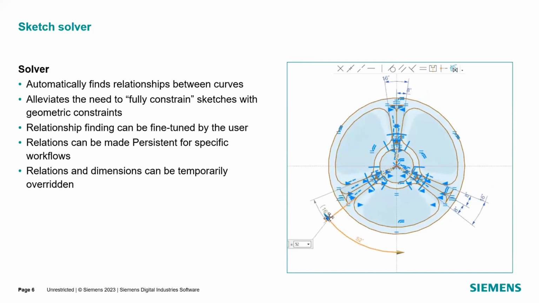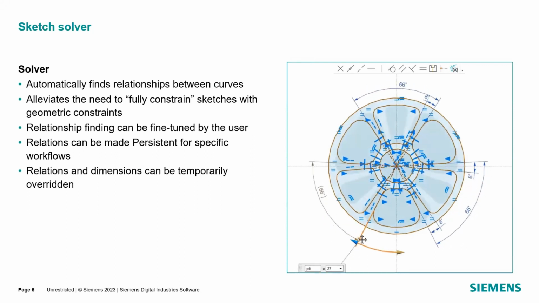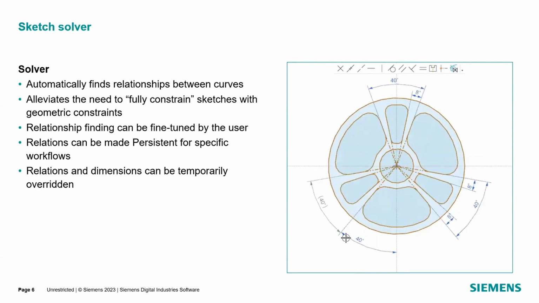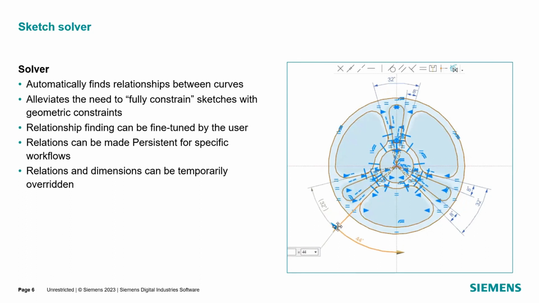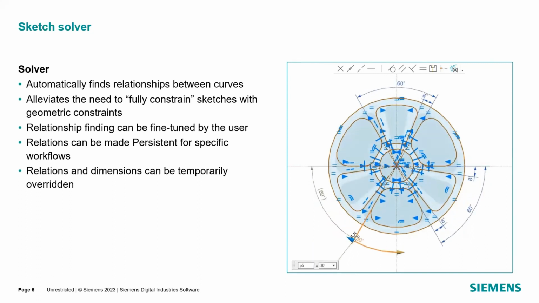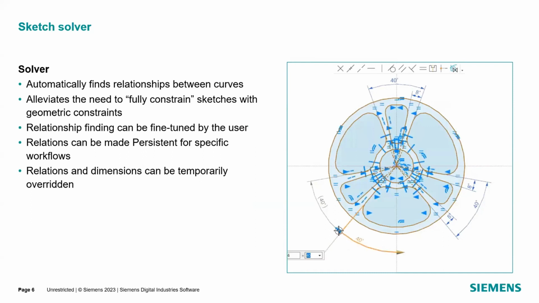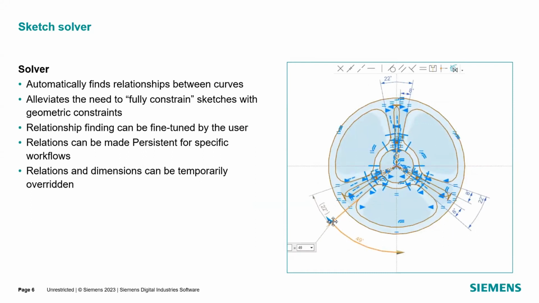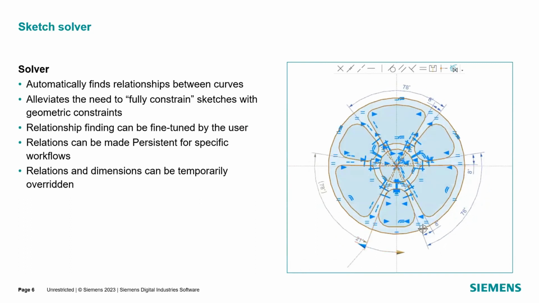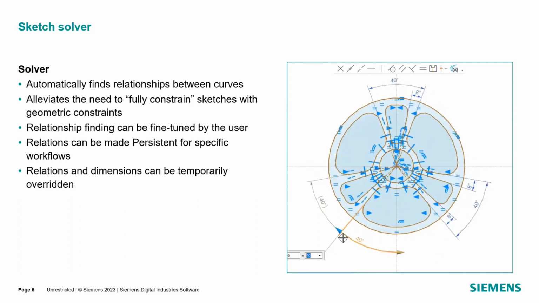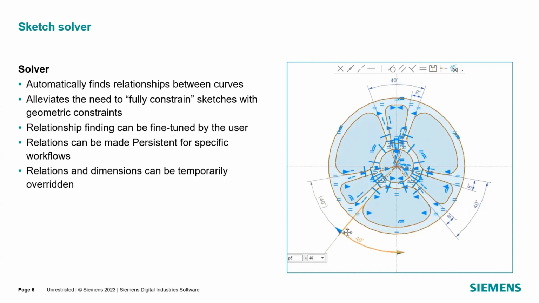What is it actually doing? It is automatically finding those relationships between that curved geometry. So as you can see in this example, when we go to make a change to a dimension, all of those symbols in blue are all of those relationships to the geometry. We didn't have to, as a user, apply any of that. That's automatically coming up through the auditing of the dimensions. So you're able to do things much faster.